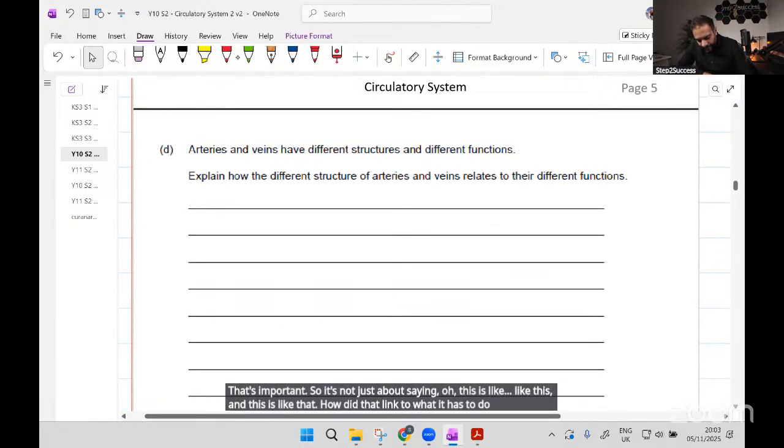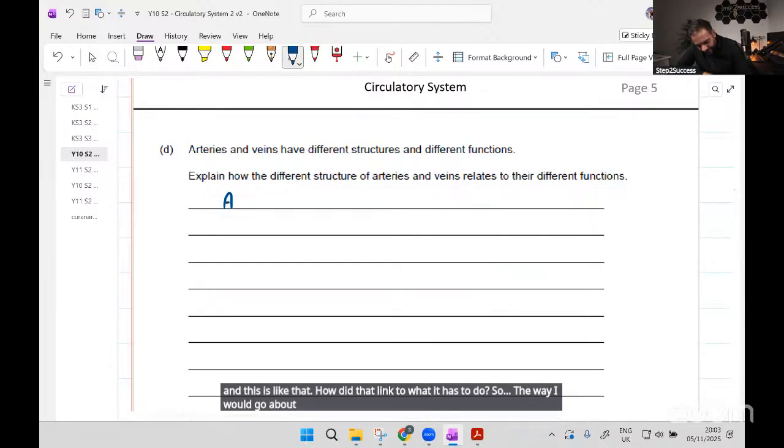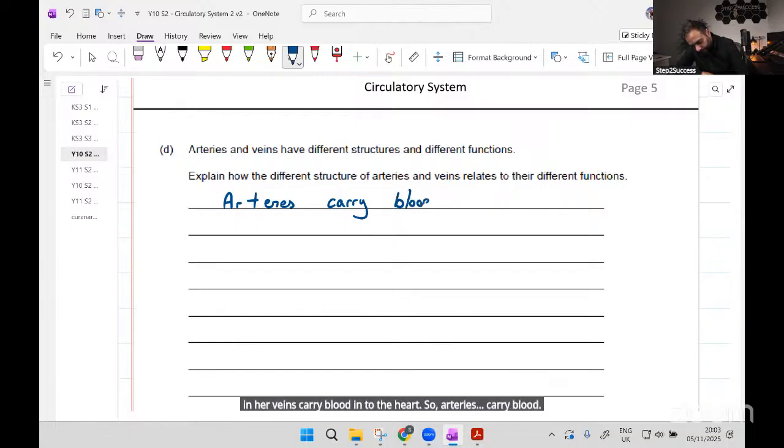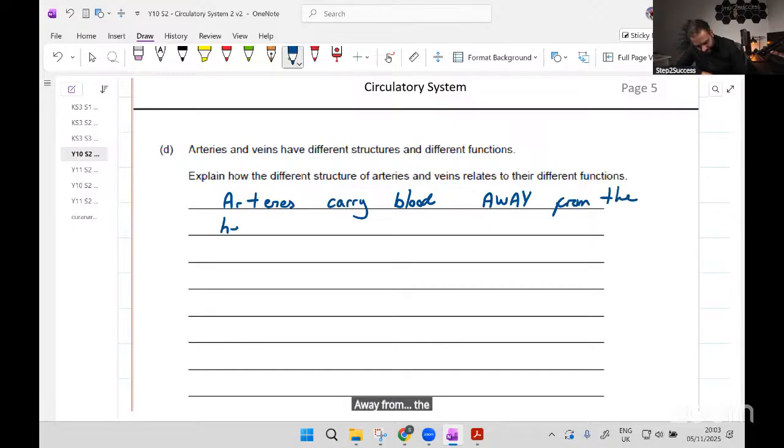So the way I would go about this is firstly state the obvious, which is that remember, A for arteries, carry blood away from the heart, and veins carry blood in to the heart. So arteries carry blood away from the heart.